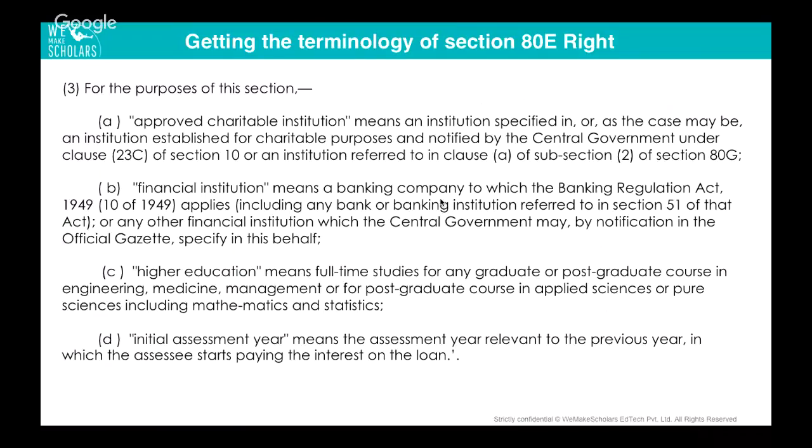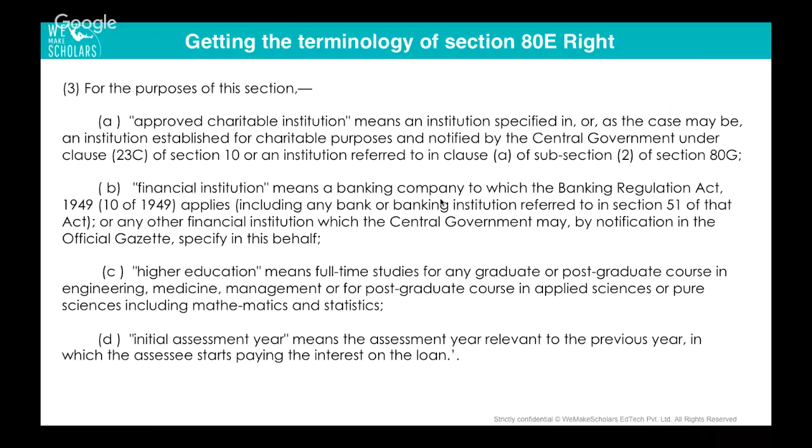What does that mean? It means any institution specified in, or as the case may be, any institution established for charitable purpose and notified by the central government under clause 23C of section 10, or an institution referred to in clause A of subsection 2 of section 80G.